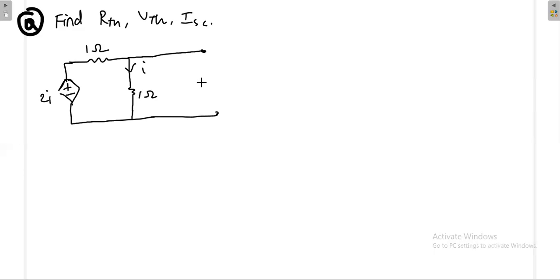Okay, if it is like this, and one more resistance is there here, this is 2 ohm. Okay, now this is terminal A and B. Okay, so now the solution here.